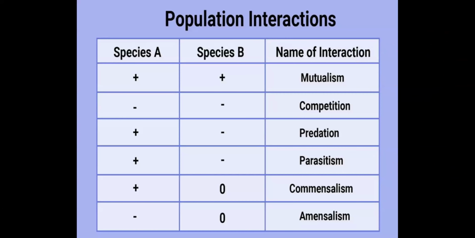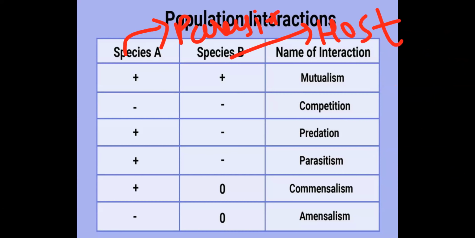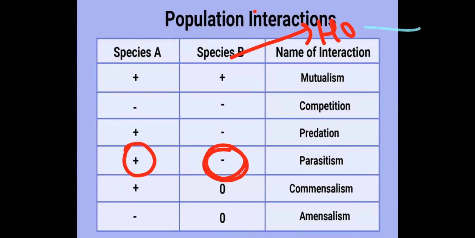So we consider one species as the parasite and species B as the host. The parasite gets benefit, but the host has a detrimental effect, right? So that's why for one species that's a plus sign, for the other a minus.